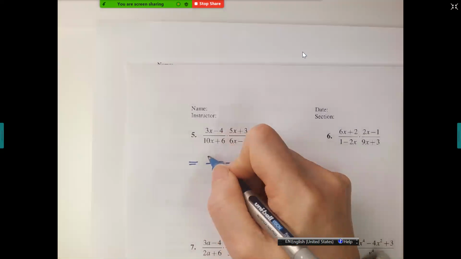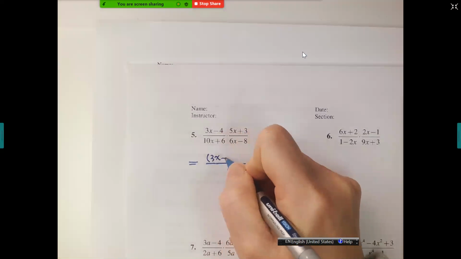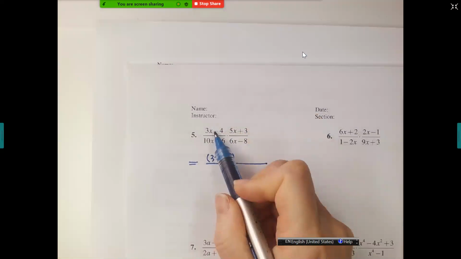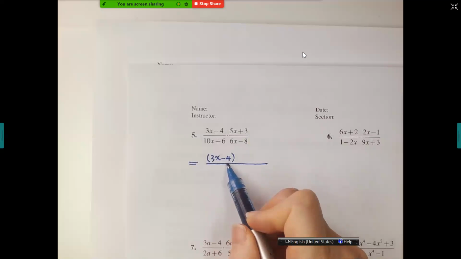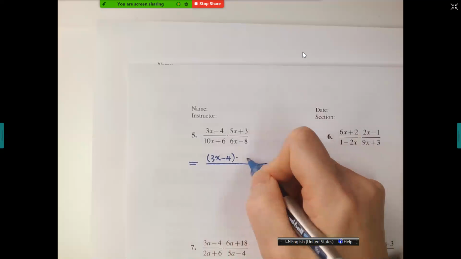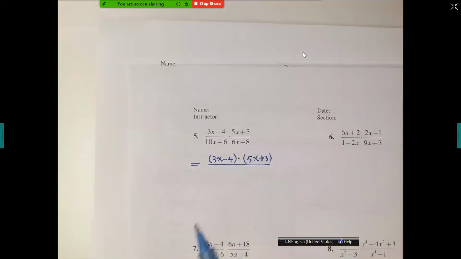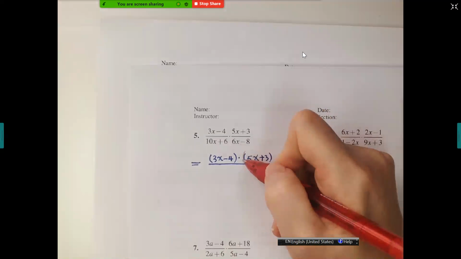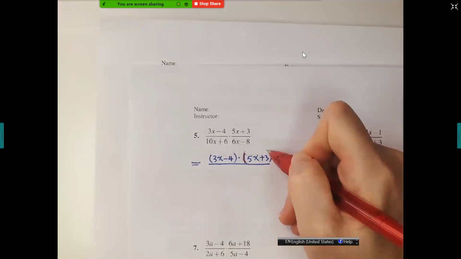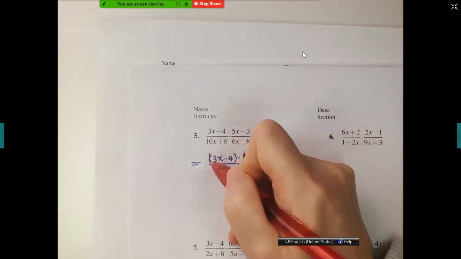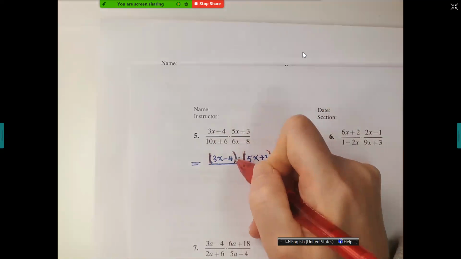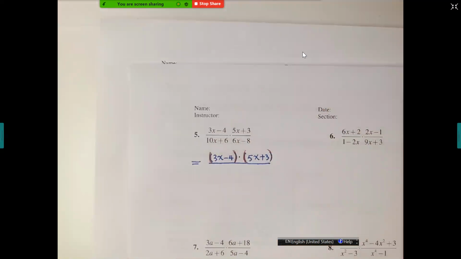Then you put the numerator, 3x minus 4, in one parenthesis, times another numerator, 5x plus 3. Please remember, I want you to highlight, put each numerator in one parenthesis. Keep the parenthesis, very important.